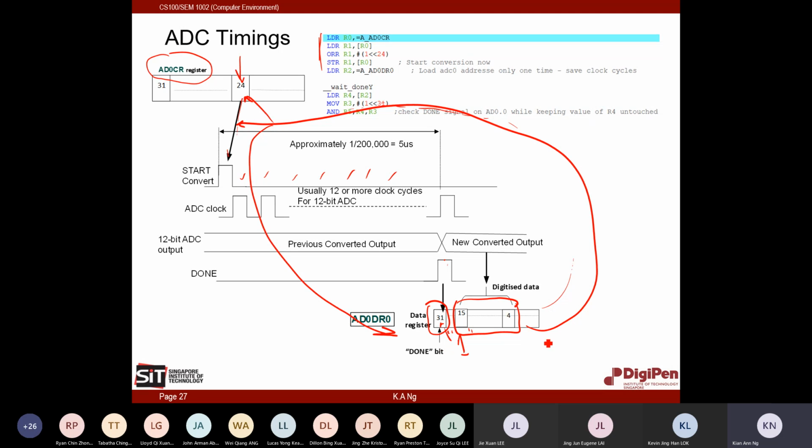You call the ADC to convert, you keep waiting for the done signal, and then you read, do your logic, do your LED assignment, then loop back again and keep reading. So this is a continuous loop. Okay, clear about that? Any questions so far?